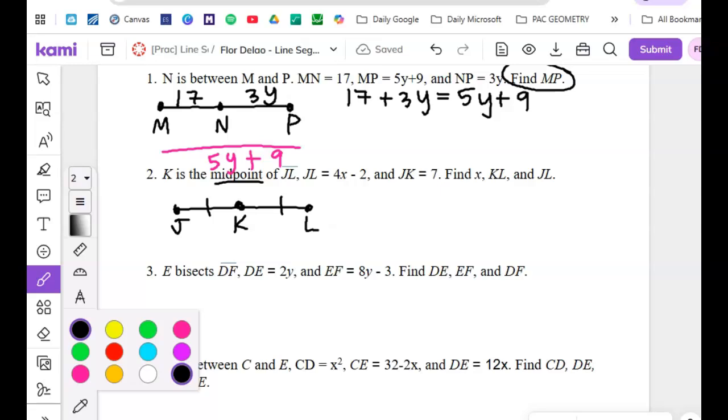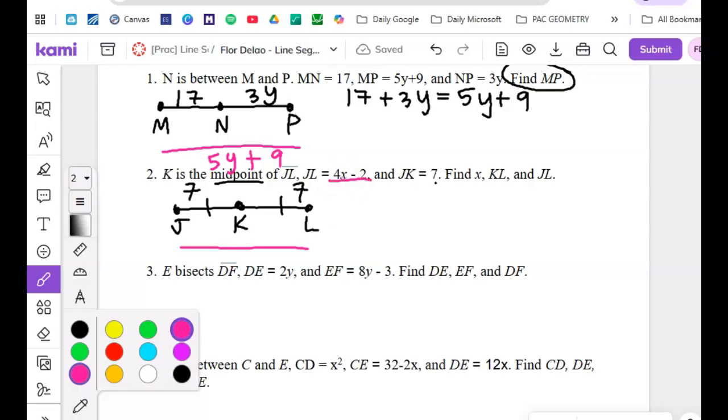If they gave me JK, what is JK? 7. If I already know this is 7, what is the other side? So then, how am I going to find x? What's the total from J to L? It is 14.